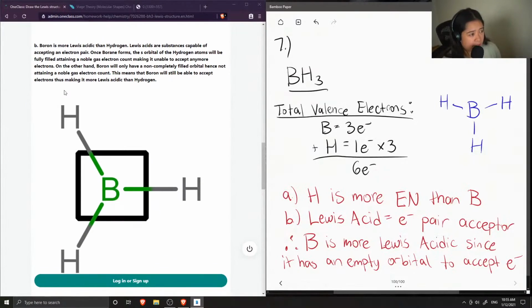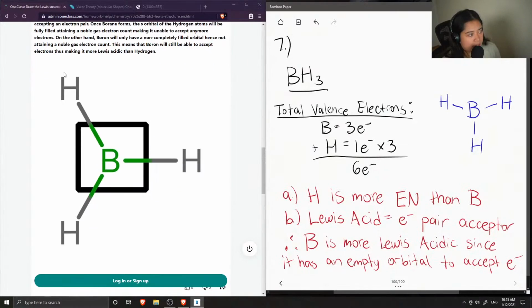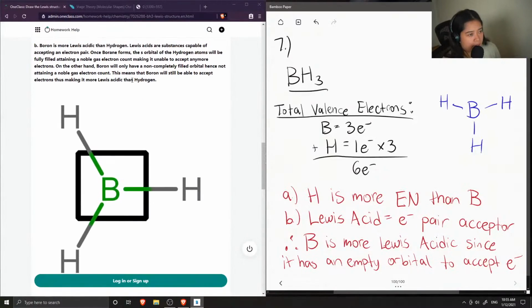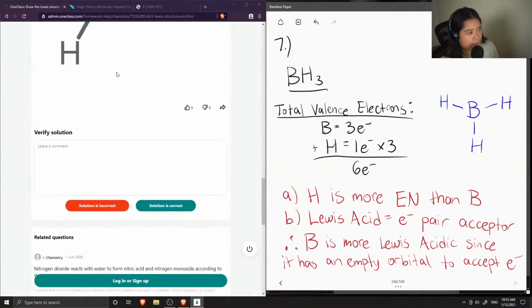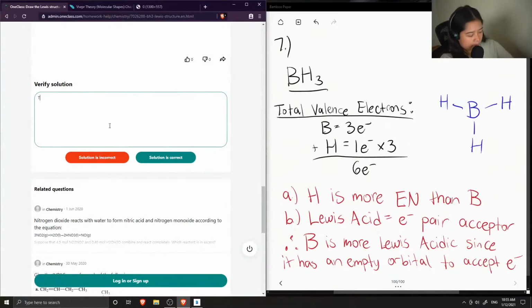On the other hand, boron will only have a non-completely filled orbital, hence not attaining a noble gas electron count. This means that boron will still be able to accept electrons, thus making it more Lewis acidic than hydrogen. Yep, so this solution is correct.